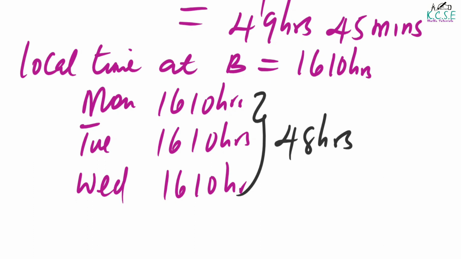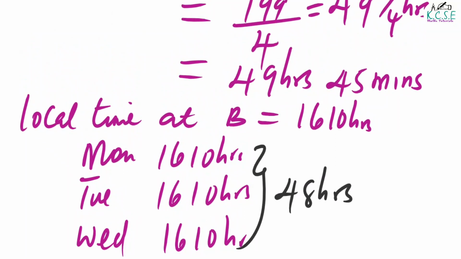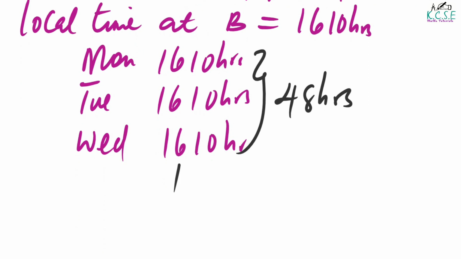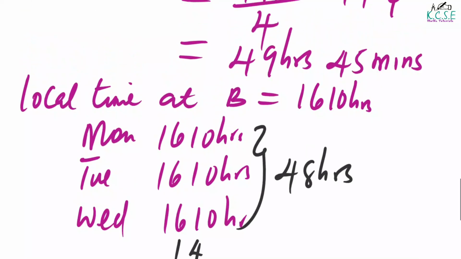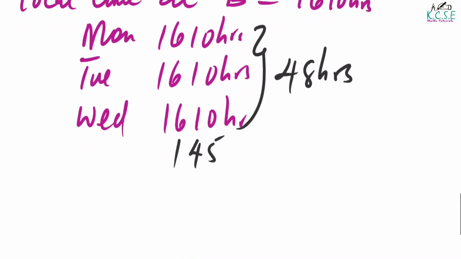So from 49, we need to add the hours that are remaining, because the total is 49 hours and 45 minutes, so we need to add 1 hour and 45 minutes. This is what is remaining.